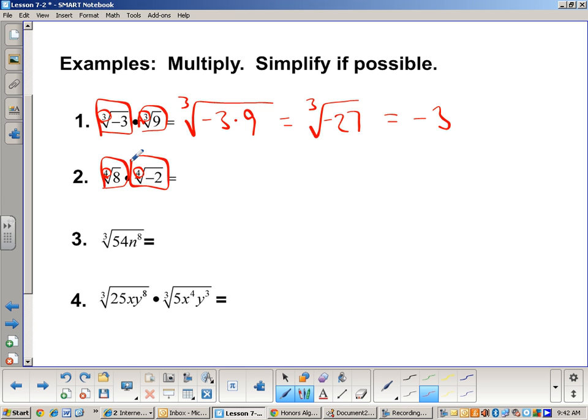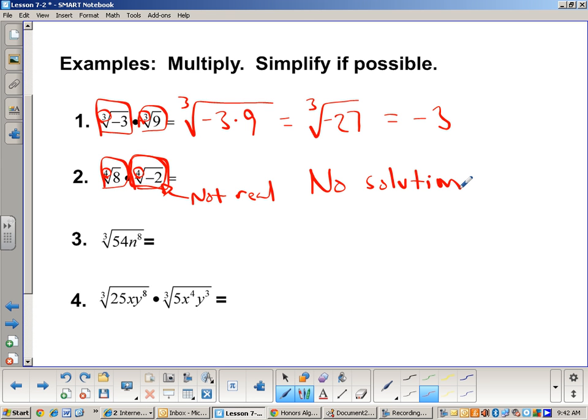So there's no way to make this happen, so this is not real. And so we'd say no solutions. Okay? It's not a real number, so we cannot get a solution from that.